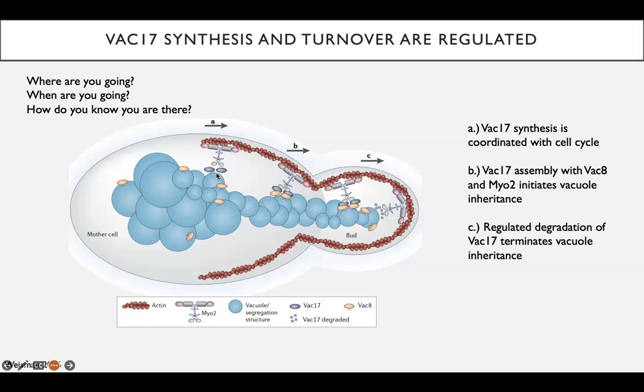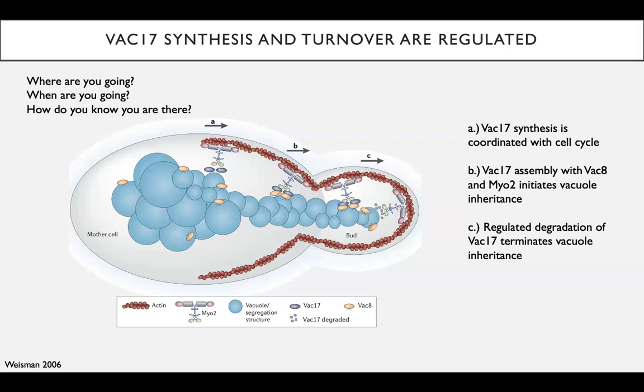So this dark blue oval representing Vac17 gets formed. It creates this assembly to start pulling vacuoles into a daughter cell. And then when they're there, it eventually gets degraded, and that helps to terminate the process of carrying vacuoles into a daughter cell.